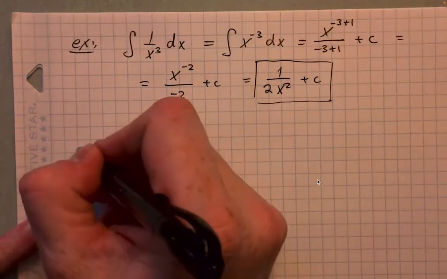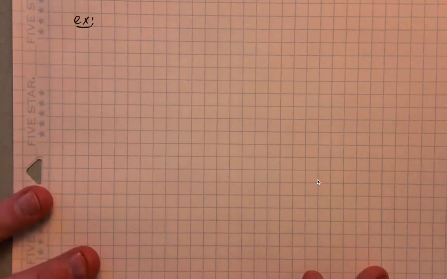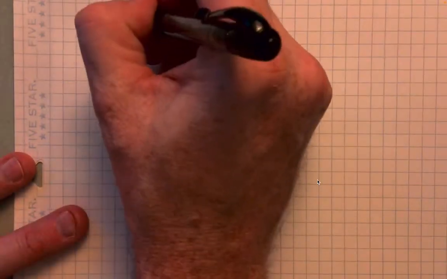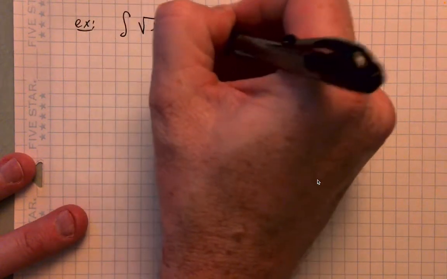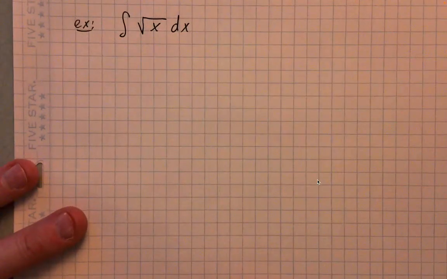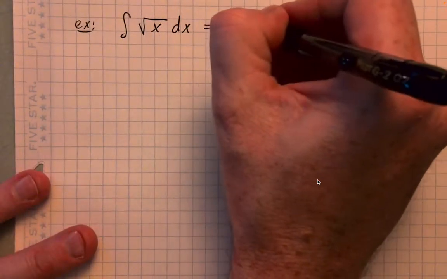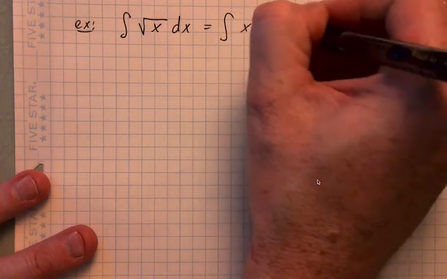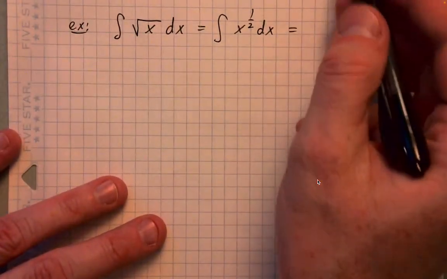Okay, let's try another one. These are good practice. What about the integral of the square root of x? What's that one look like? Well, similarly, you'd want to rewrite this as x to the 1/2. And we can use that same rule.